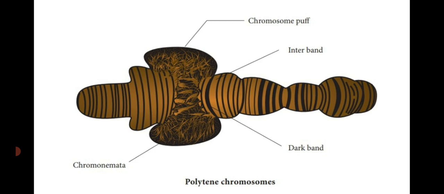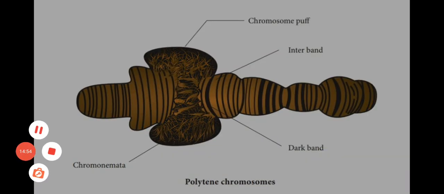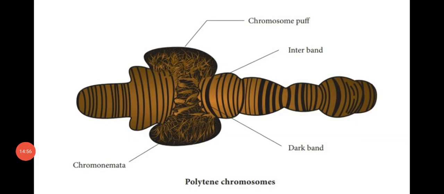So this chromosome present in the salivary glands of insects is known as salivary gland chromosome. See the one at the center: they have a large puff which is responsible for RNA synthesis, followed by dark bands and interbands. Dark bands contain 95% of DNA, and interbands consist of 5% of DNA.